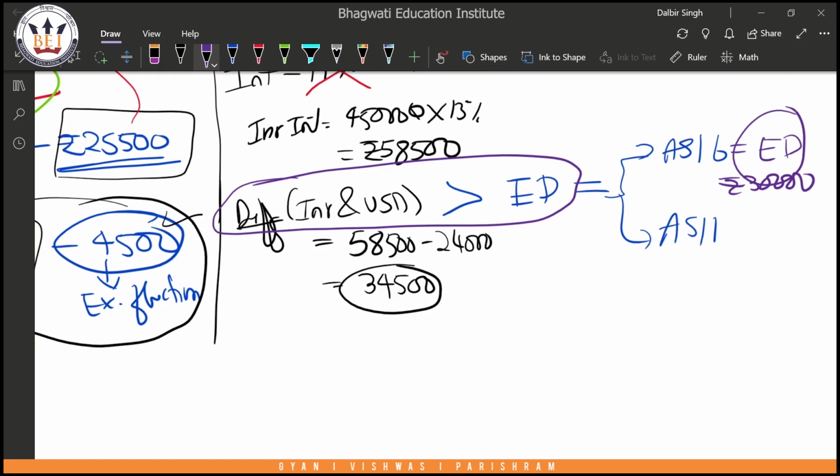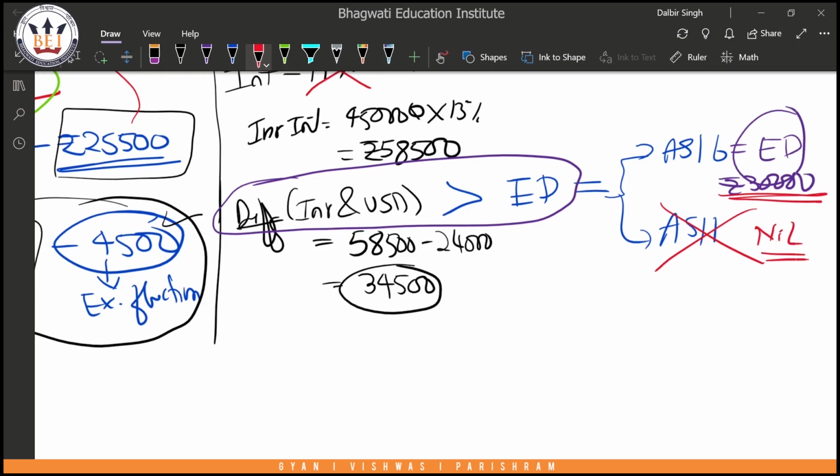As the whole exchange difference is treated as AS 16, there will not be anything which I will consider in AS 11. Why? Because there is nothing there, nil. The whole exchange difference is treated as borrowing cost.